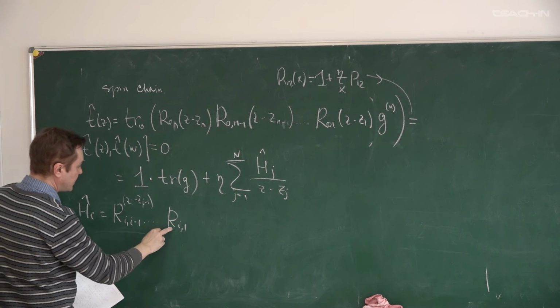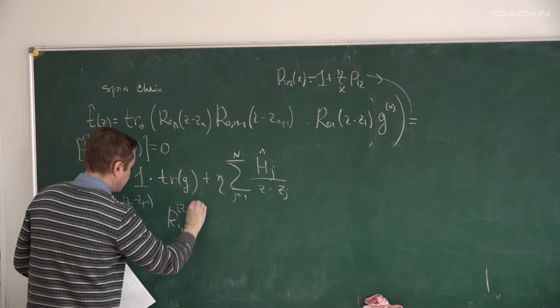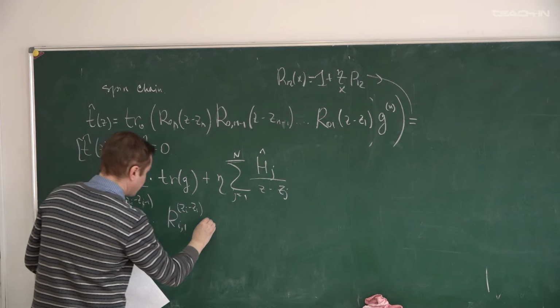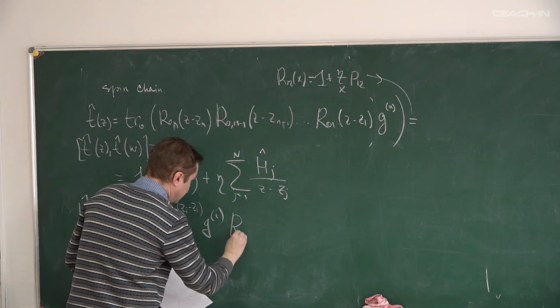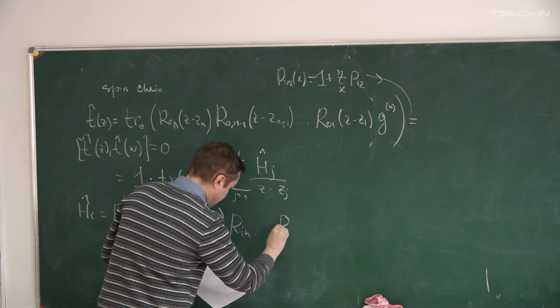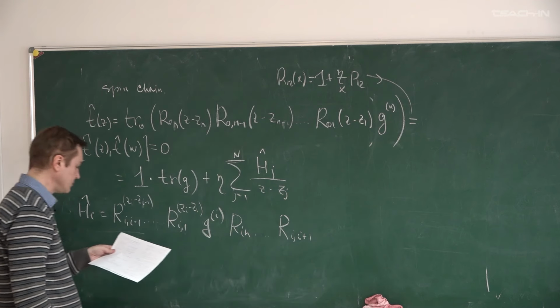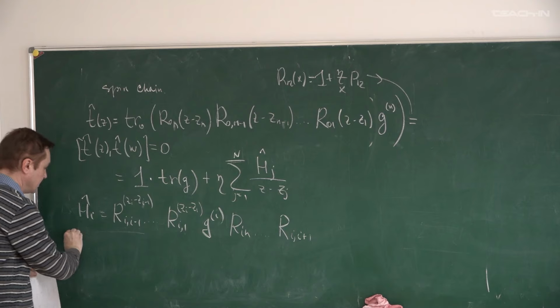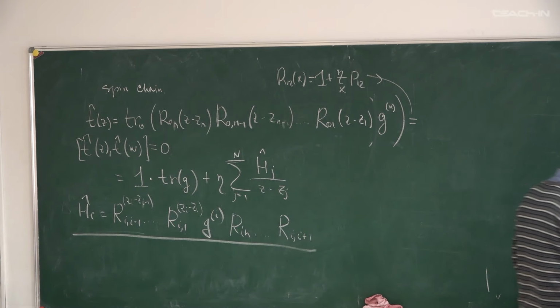So, for example, R_i1 depends on z_i minus z_1, and so on, up to R_{i,i+1}. So this was a formula for the Hamiltonians of the spin chain, on one hand.